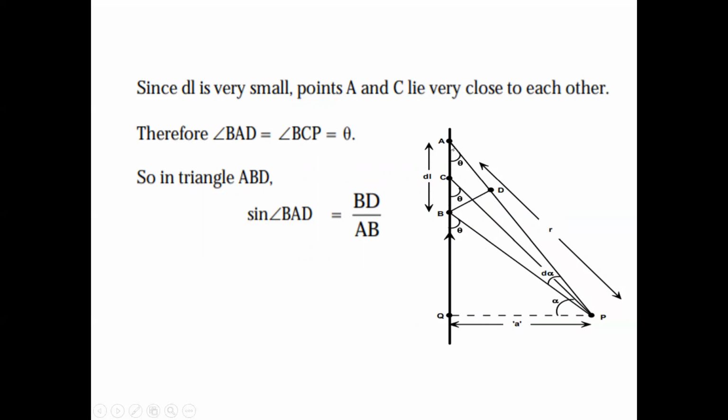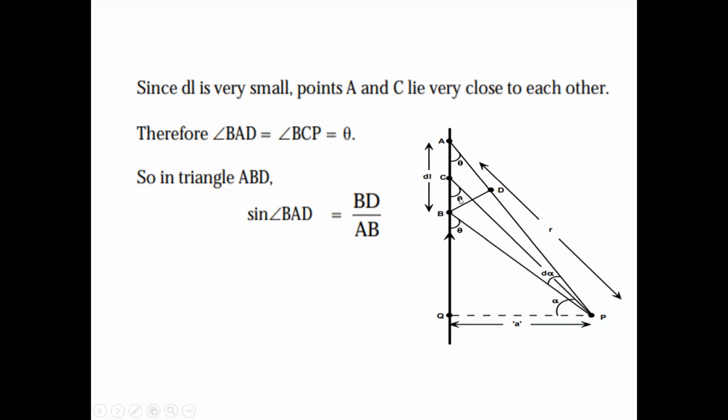That means we have to imagine this A as at the position of C, then automatically the angle at A is equal to angle at C. So angle BAD means the angle at A. It is clear the angle at A is theta. Here angle BCP means the angle at C is also theta.